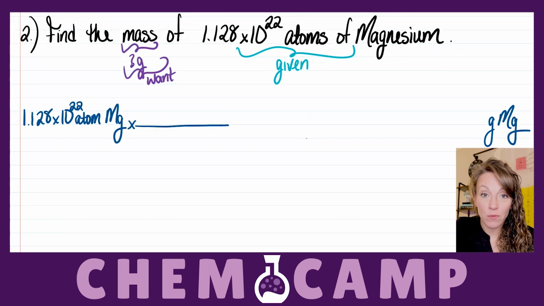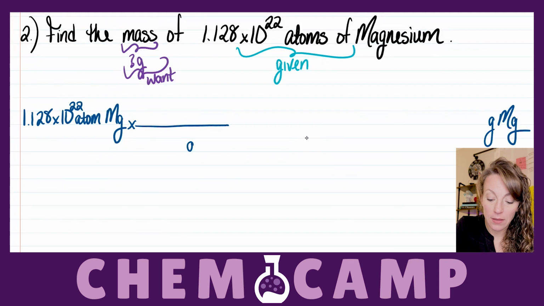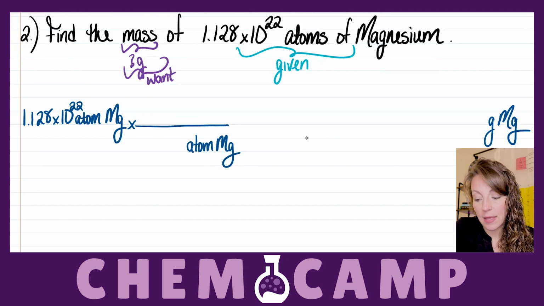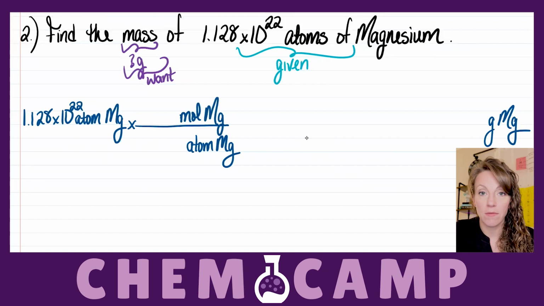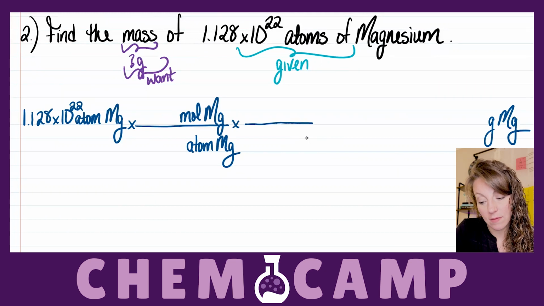And since I want to get rid of atoms of Mg, I'm going to bring them to the bottom of that first ratio. Now, once again, I don't have a ratio that relates atoms to grams directly, but I can go from an atom, which is a particle, to a mole. So I'm going to have mole of Mg at the top of that ratio. Not what I want yet, so that indicates I need a second ratio.